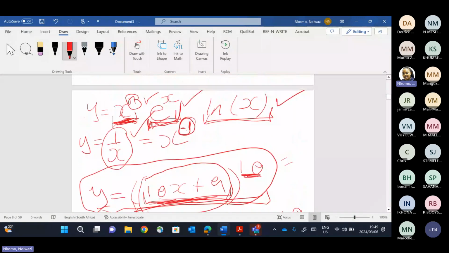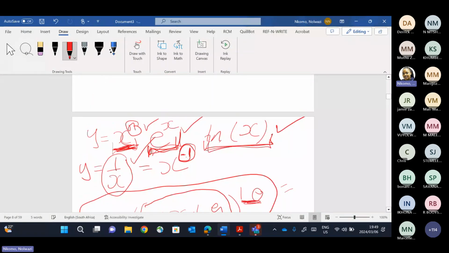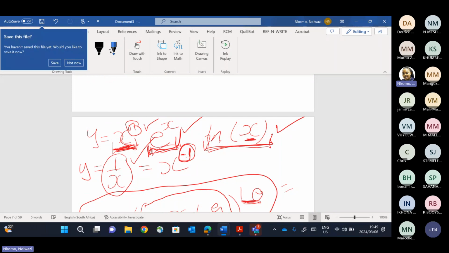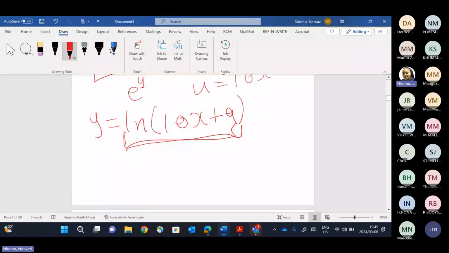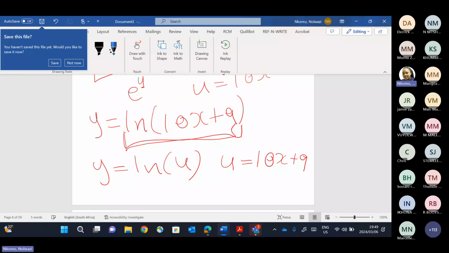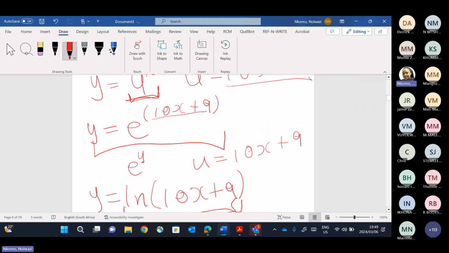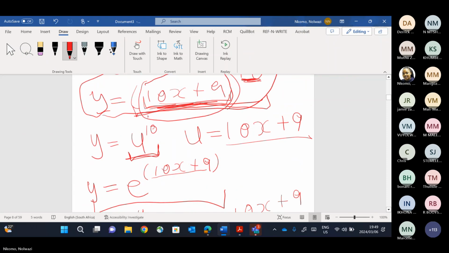So, okay, you see here, you have ln of one variable, so you can just change this to be one variable. This means you can let y be ln u, where u is equal to 10x plus 9, right?